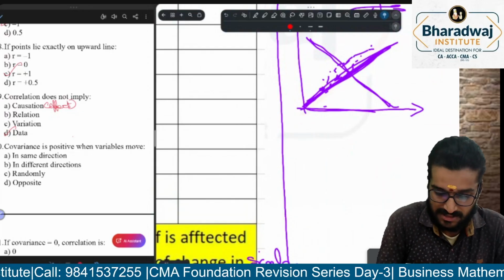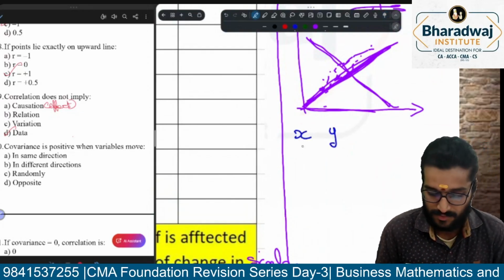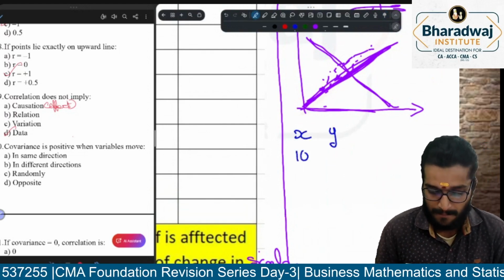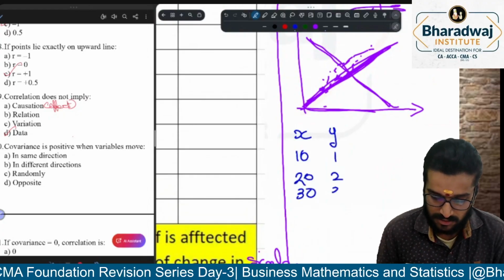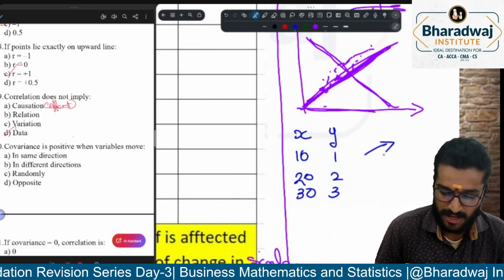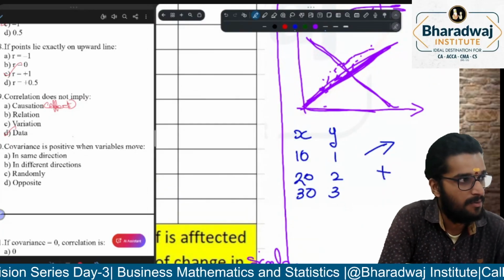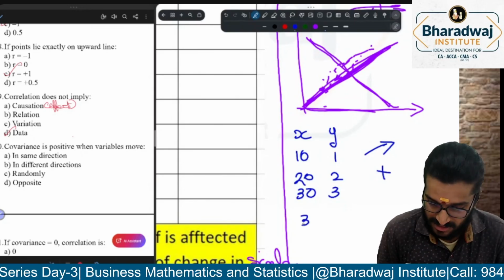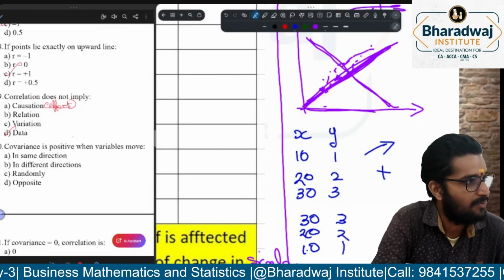Let me take two variables x and y: 10, 20, 30, here 1, 2, 3. It's increasing and you are mentioning it to be upward curve, positive correlation. Now 30, 20, 10, 3, 2, 1.